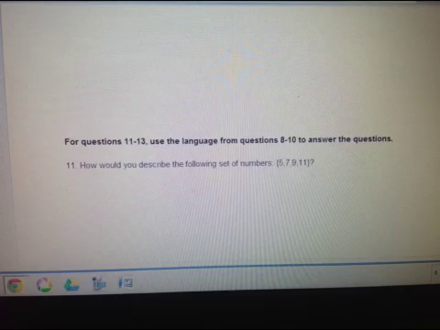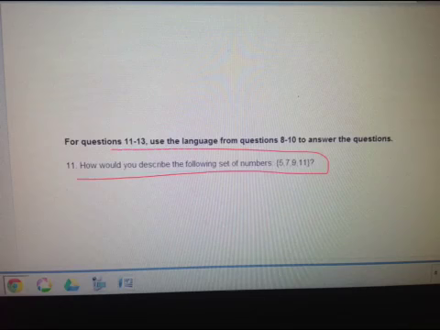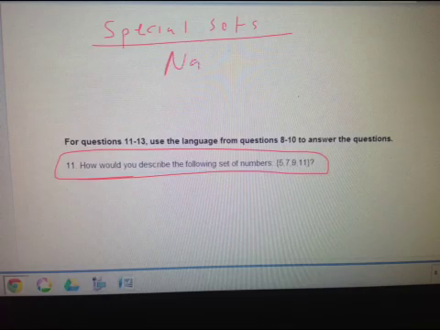And then the last question is, using the same language from before, how can we describe the following numbers? So the idea being, let's use our special sets. And right now, the main special sets that we're talking about are natural numbers and integers.